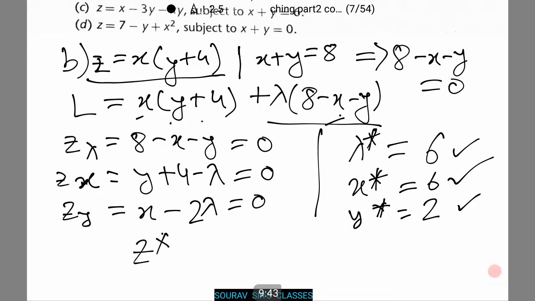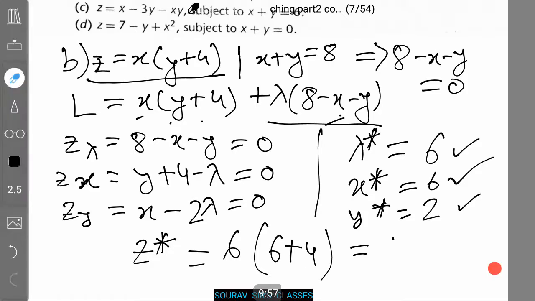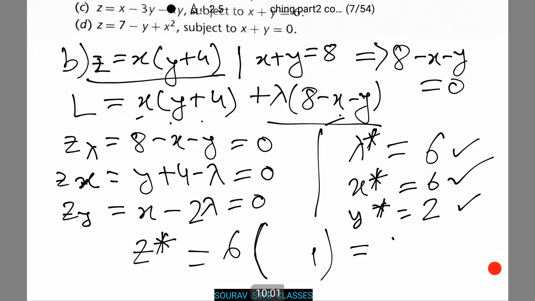Z star over here will come as 6 into 6 plus 4, which comes to... Sorry, I made a mistake. The value of y is given as 2, to which we'll add 4. Thus it's 6 into 6, which is 36.